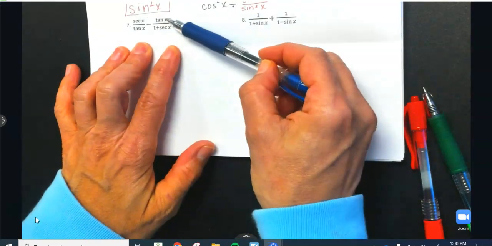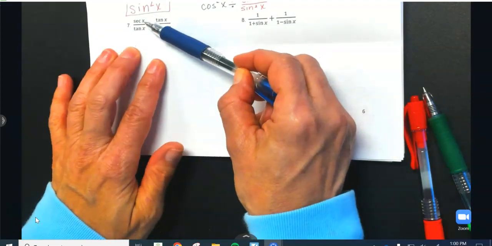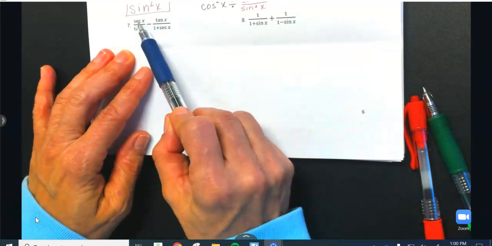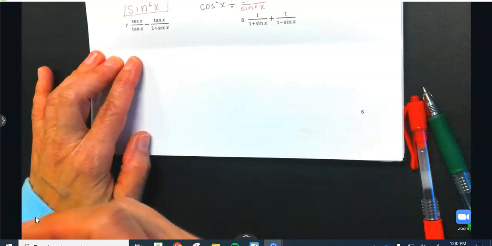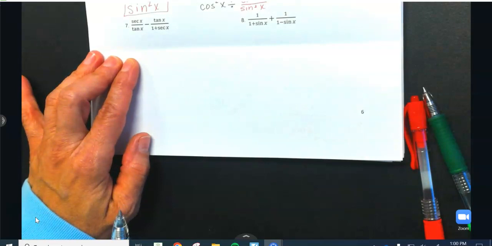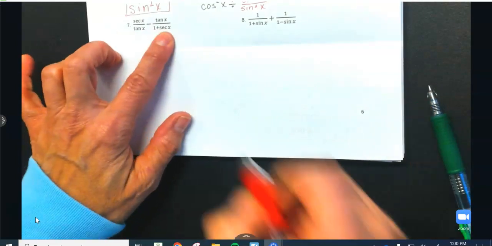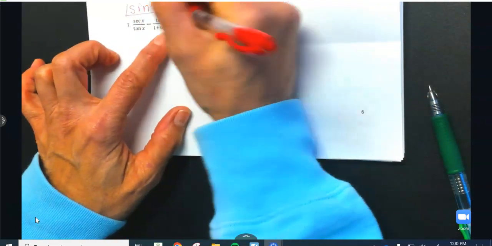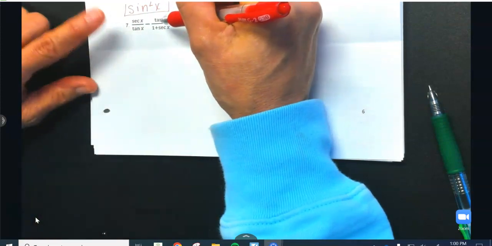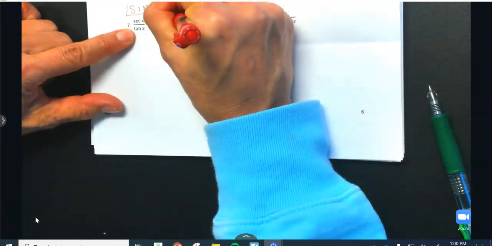I cannot rewrite tangent like a secant. I cannot rewrite a secant like a tangent. So you have to add the fractions and then analyze it. So we're going to take this and we're going to multiply this fraction by that denominator.